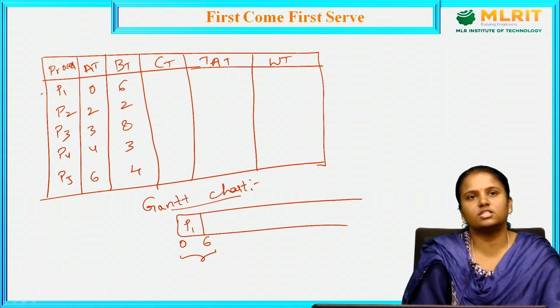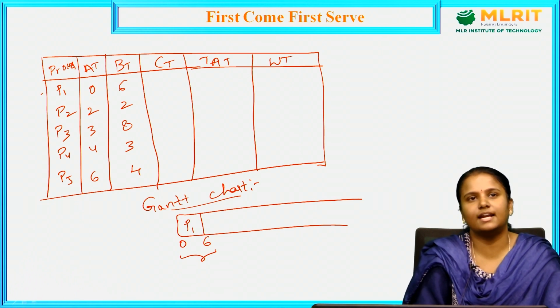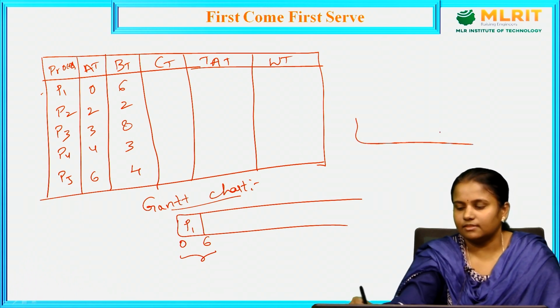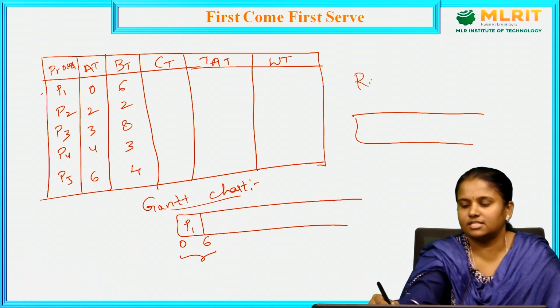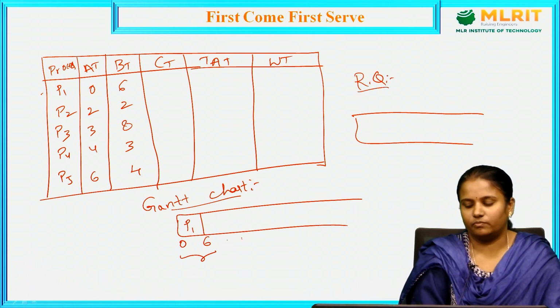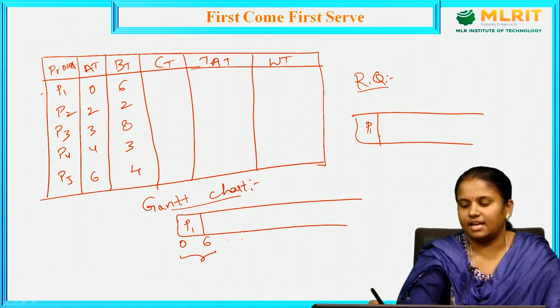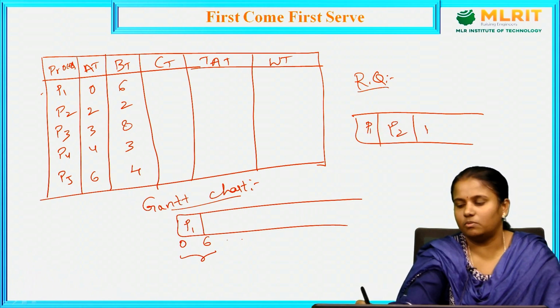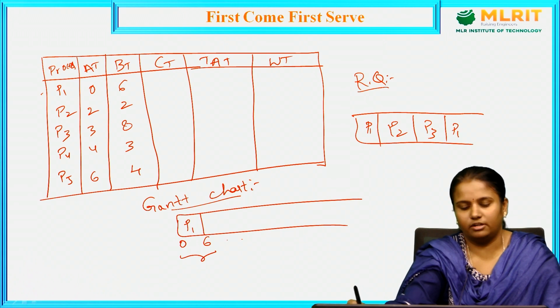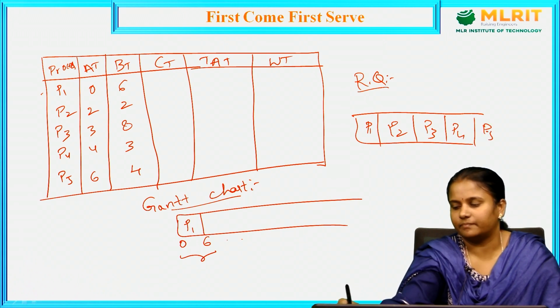From 0 to 6, the processes in the ready queue are waiting for the CPU: after P1 completes, P2, P3, P4, then P5.